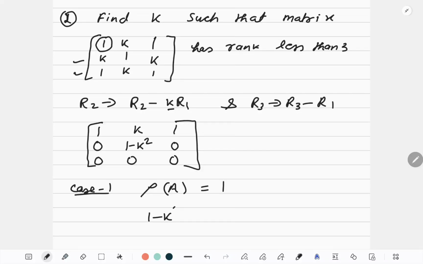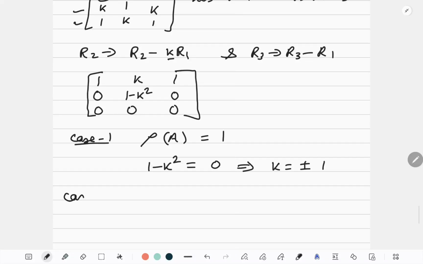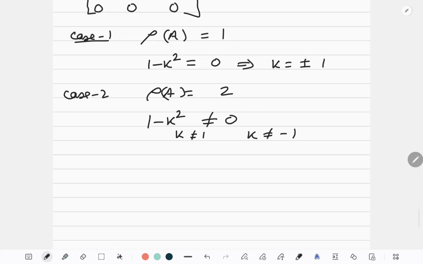When 1 minus k square is equal to 0, which implies k is equal to plus minus 1, then the rank will be equal to 1, which is less than 3. Case 2, when rank of A is equal to 2, meaning 1 minus k square is not equal to 0. As simple as that. So k should not be equal to plus 1 and k should not be equal to minus 1. So the rank will become 2. As simple as that. Done. Easy question. It looks scary, but it is easy.